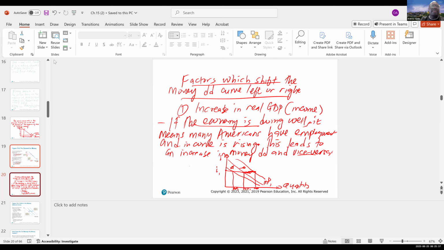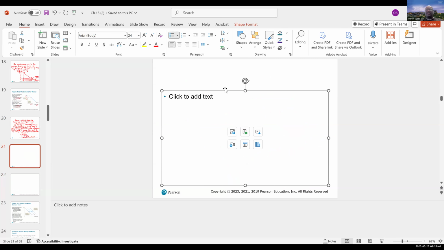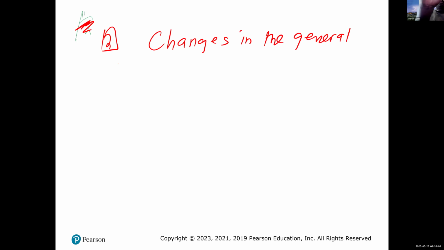Need a new slide here. Why do people demand more dollars even though the interest rate might not have changed? The second factor is the change in the general price level. This is a no brainer.